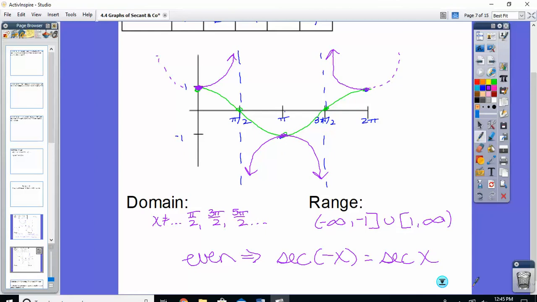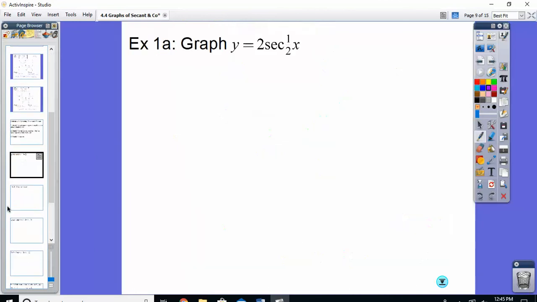So we're going to graph these now, and we are going to work every problem. We'll just start out graphing the sine or cosine, and then get secant or cosecant from that graph. So 2 secant of 1/2 x.